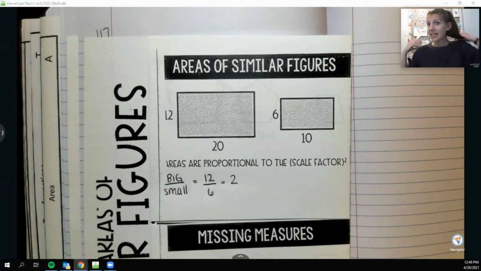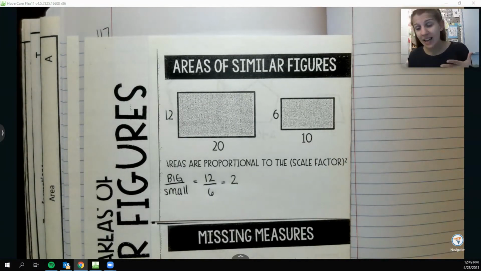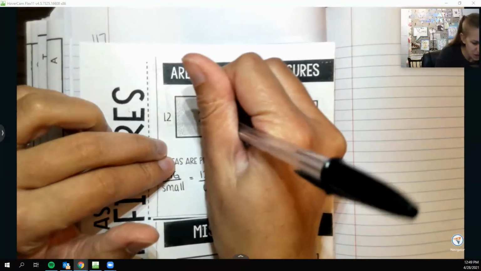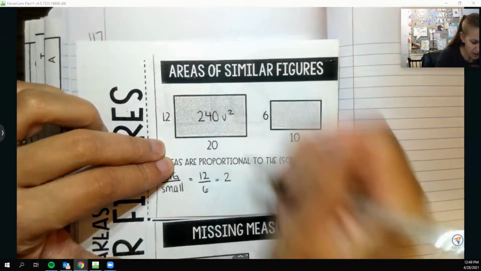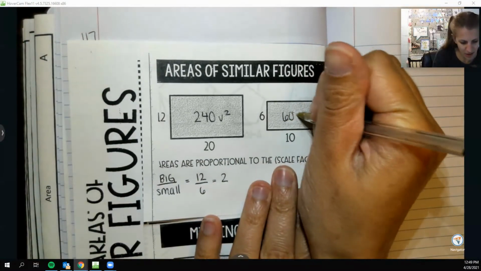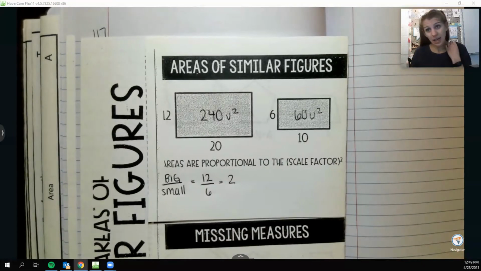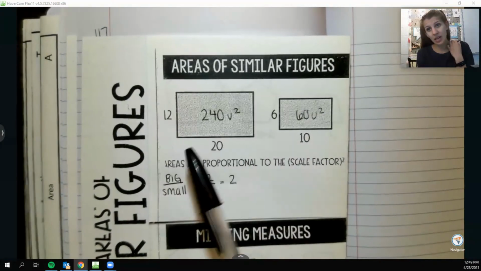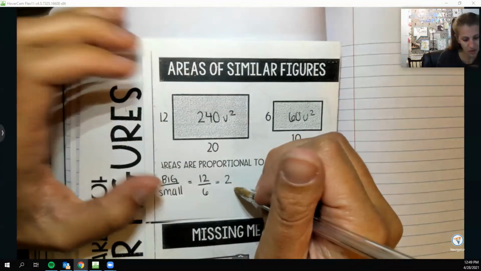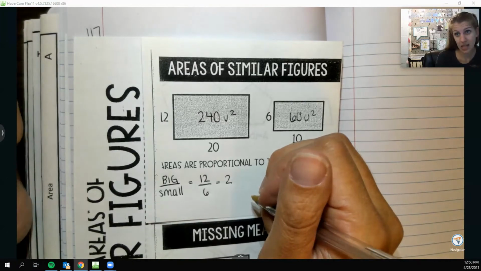And then if we think about finding their areas, because right now I can find the area of each one. The area here would be 240 units squared, and the area here would be 60 units squared. Which if you think about it is not 2 times as large. It's actually 4 times as large. Honestly, 2 is the worst scale factor for me to pick to see this relationship.